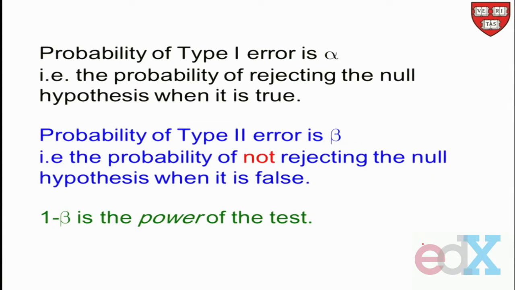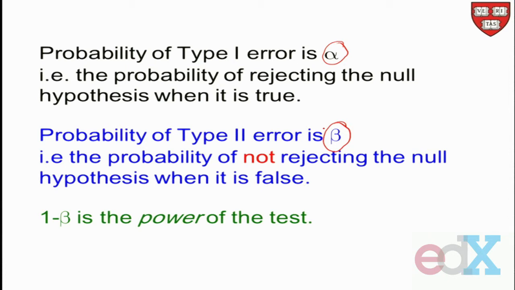So the probability of a type 1 error is alpha, and the probability of a type 2 error is beta. So the probability of rejecting the null hypothesis when it is true is called alpha, and the probability of a type 2 error, which is not rejecting the null hypothesis when we should be rejecting it, is beta.